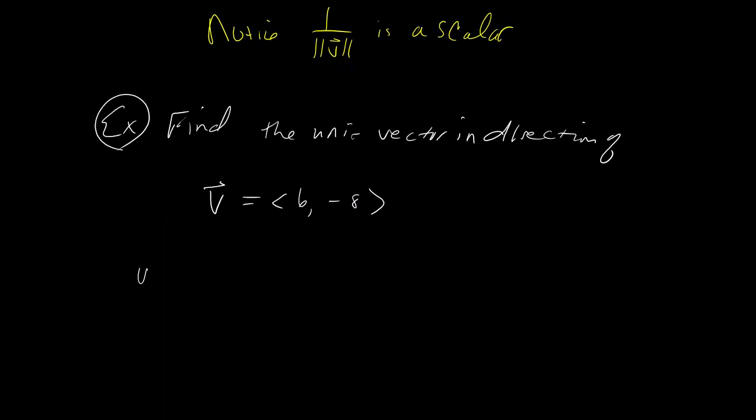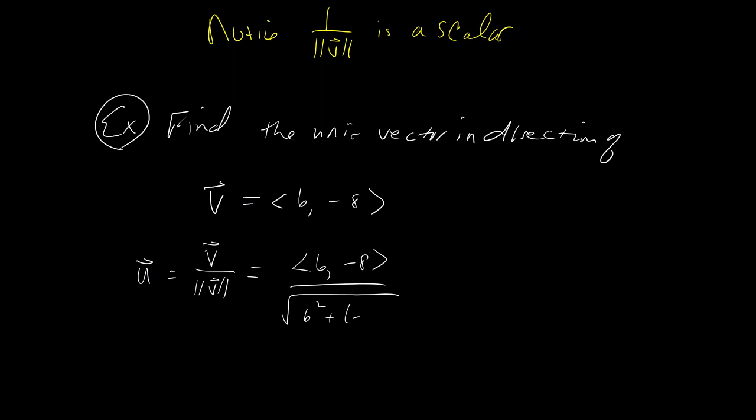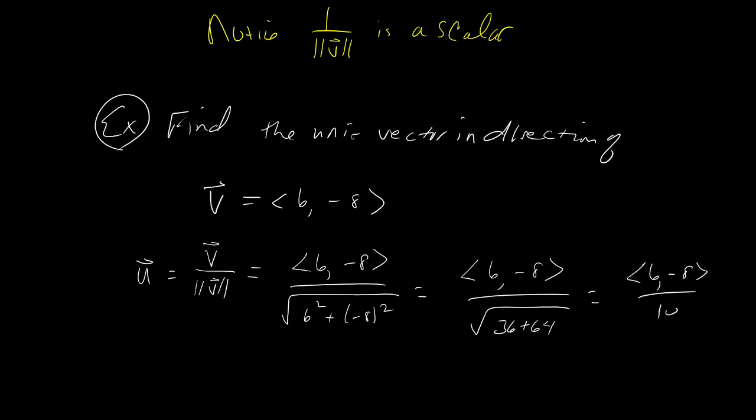Well, the unit vector is going to be equal to v divided by its magnitude. So v is the vector 6, -8, divided by the magnitude, which is the square root of 6 squared plus -8 squared. So that is 6, -8, divided by the square root of 36 plus 64. So that is 6, -8 divided by 10.